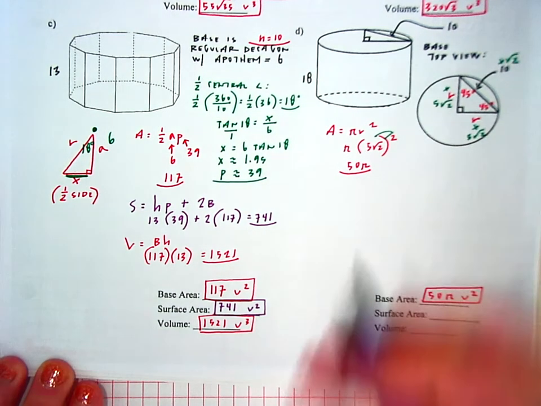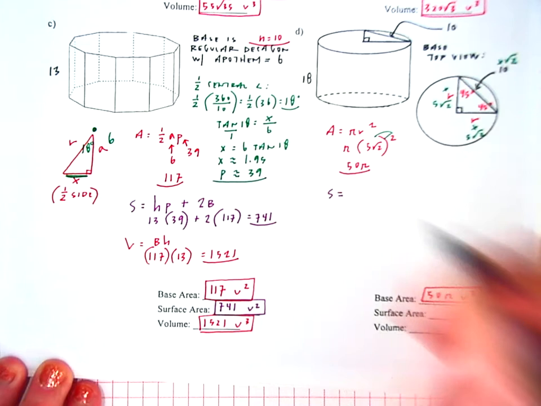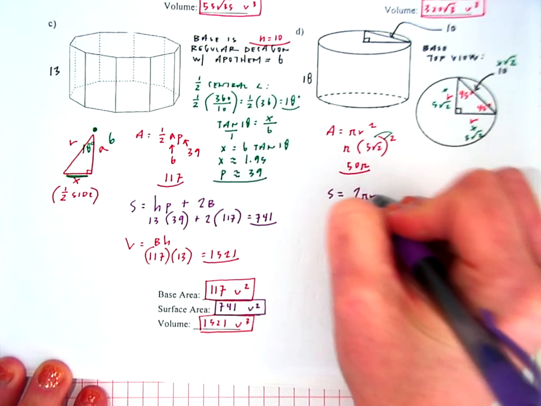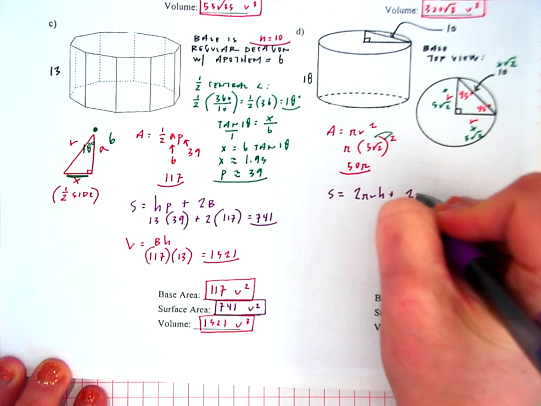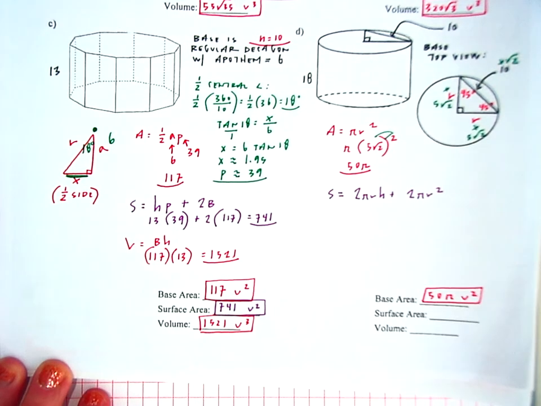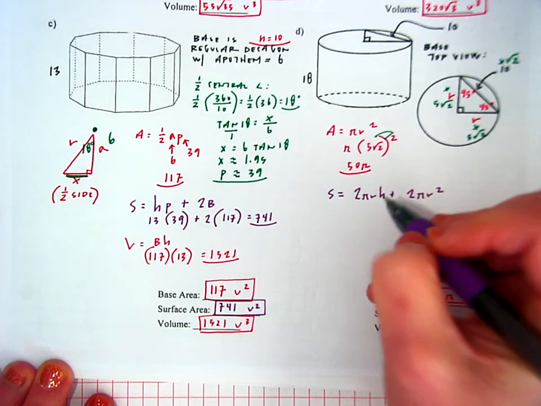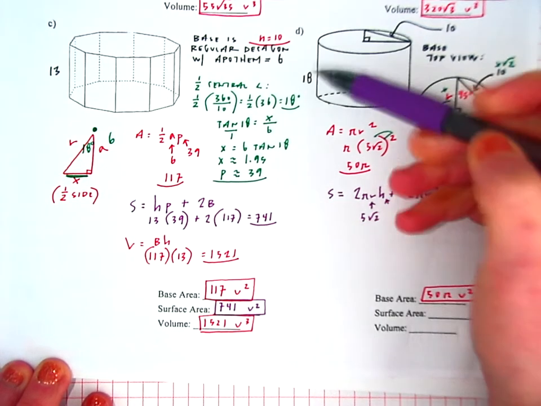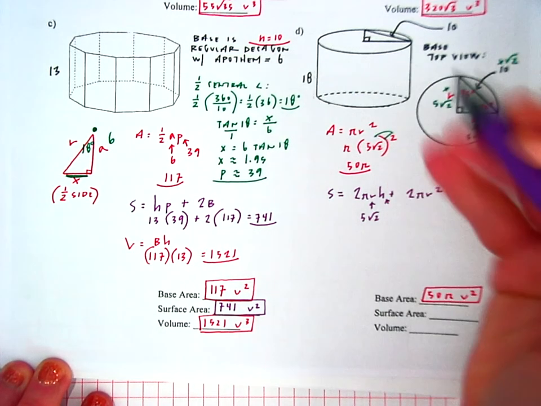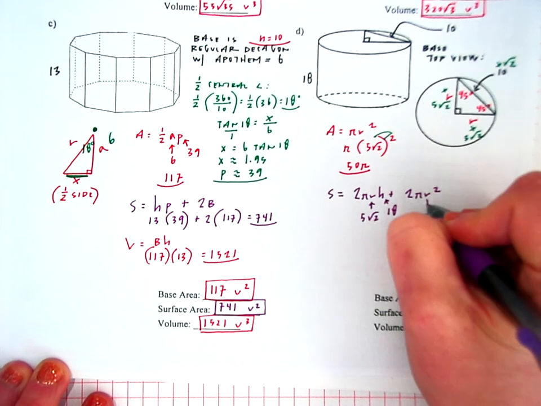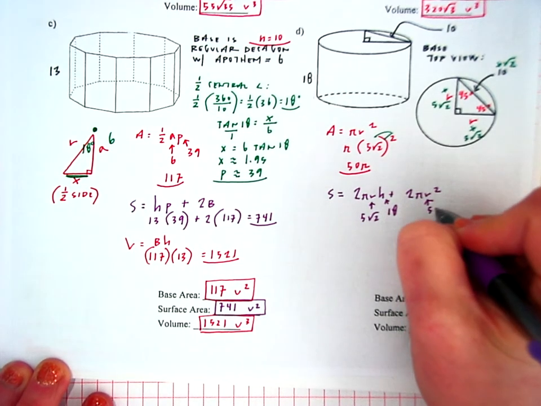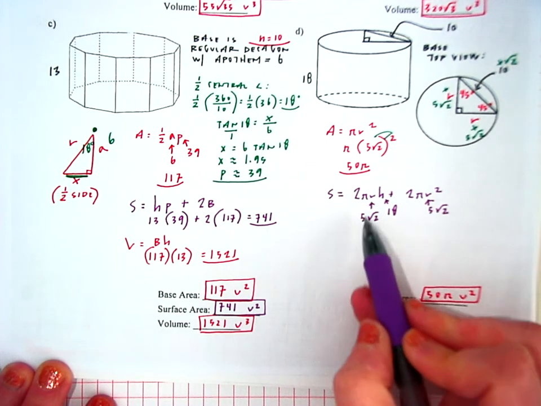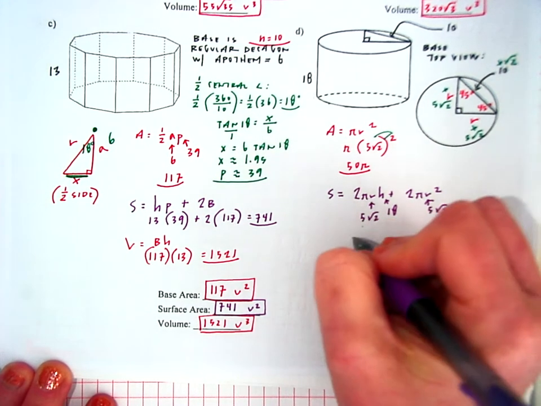Okay, surface area next. So here I'm looking at my circumference times the height plus the two base areas. So here I'm just plugging in for my radius, 5 root 2, my height, here's the height of the cylinder right there, 18. Radius again was 5 root 2. Okay, so here I'm just taking 2 times 5 times 18, I get 180.